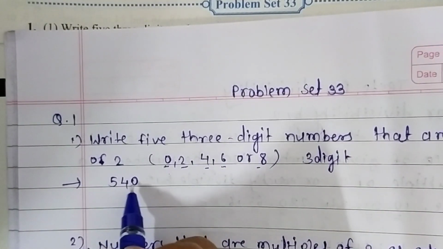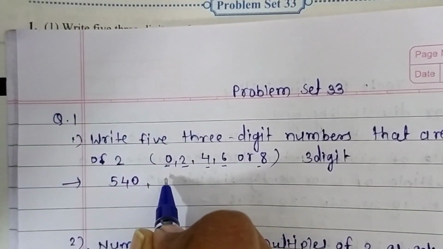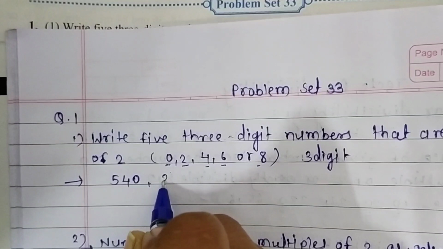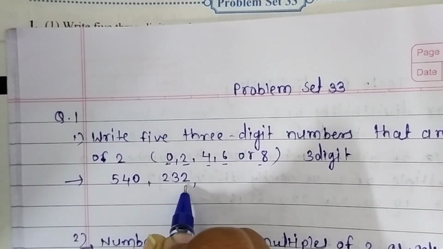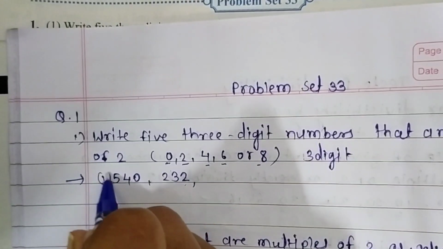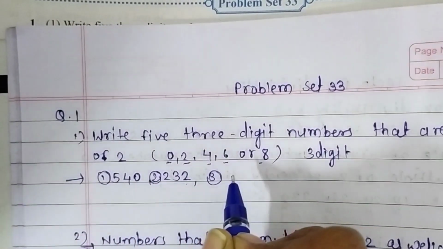This is a 3-digit number, 540. Let's take another example here. 232. It also has 2 in the unit place. This is our first example. This is second. This is third.